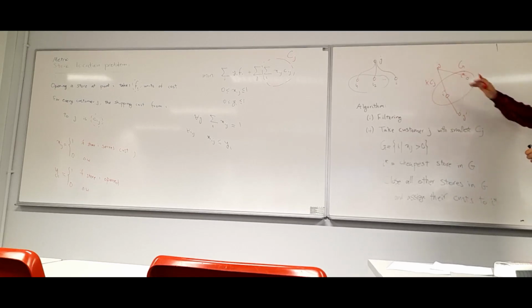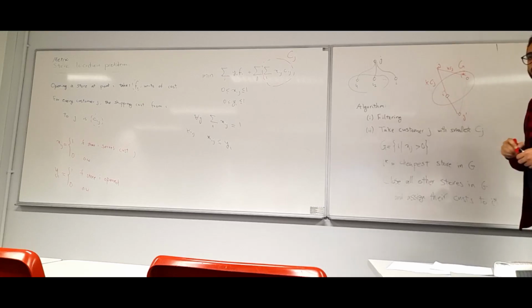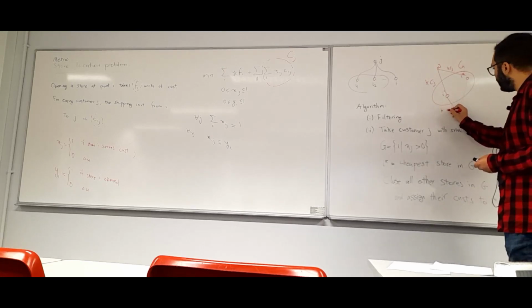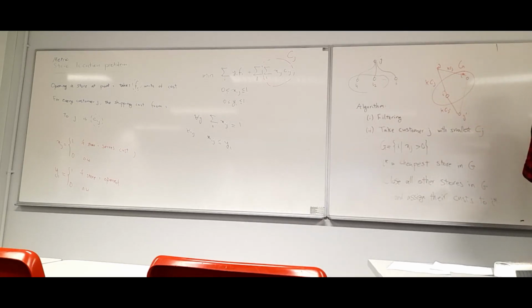The distance from J to I star is also at most k times Cj. The distance from J prime to I prime, again I can say that it's at most k times C of J prime. Okay? So I used to have a distance that was just k times C of J prime at most.